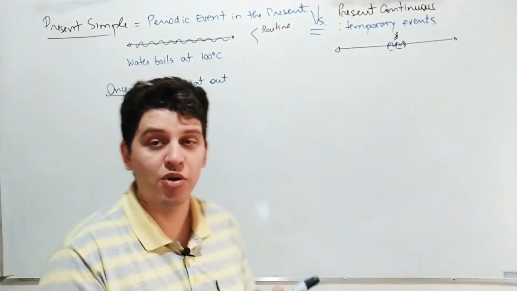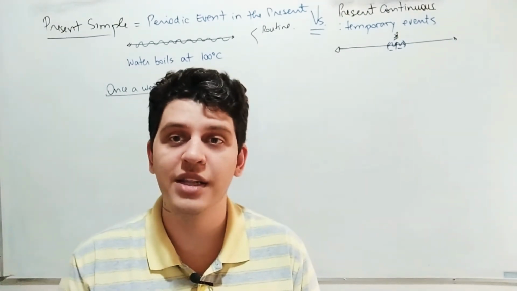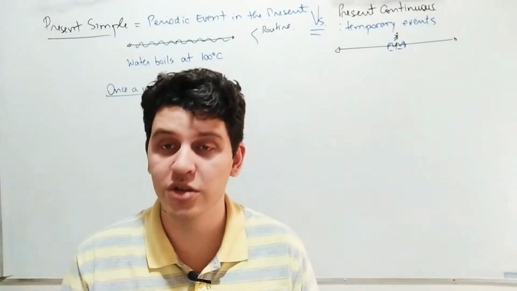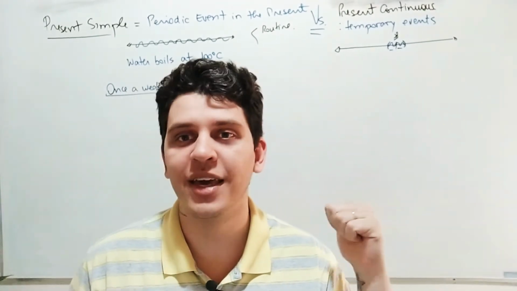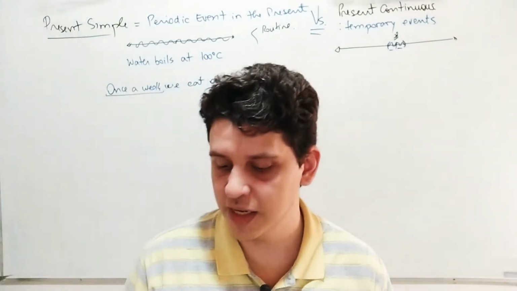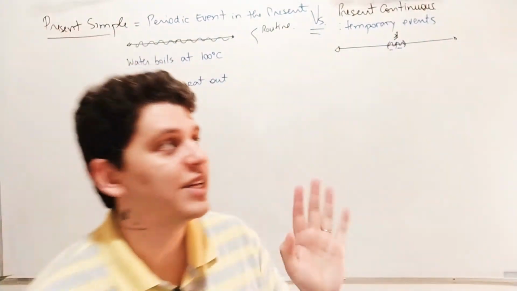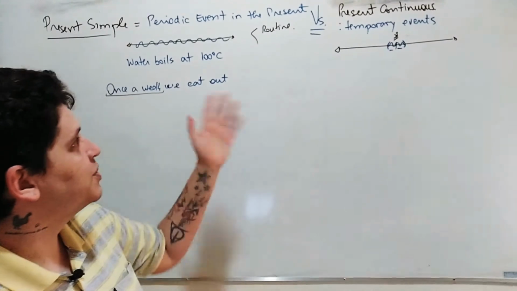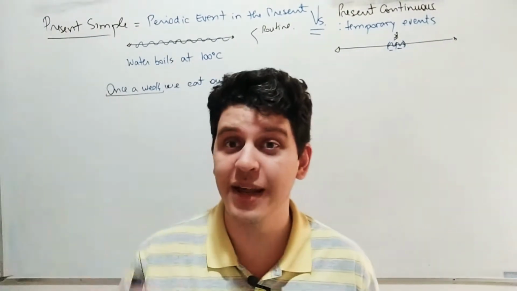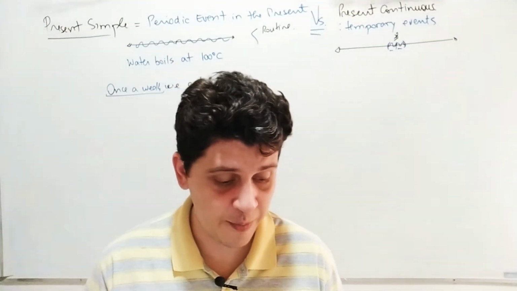I'm not going to explore the grammar rules because I have already done that extensively. So if you want to brush up on this, if you want to review, go back and watch the first videos of this course. Okay? So the difference between these two verb tenses with timelines, I hope you have understood this better now.